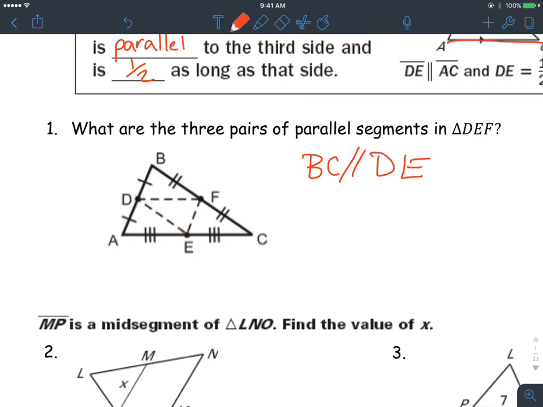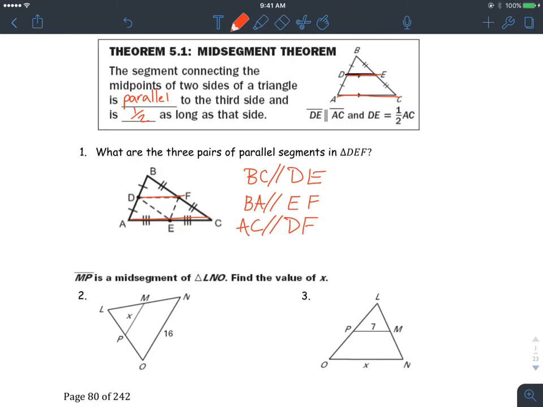Now if I switch gears and talk about maybe the side BA, BA will be parallel to the mid-segment over here, so that should be EF. And then the last set would be AC. It's parallel to DF. So that's pretty straightforward as far as listing out the parallel sides. Usually y'all do good with that, so not a big deal.